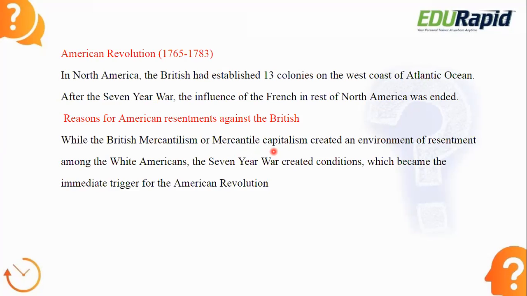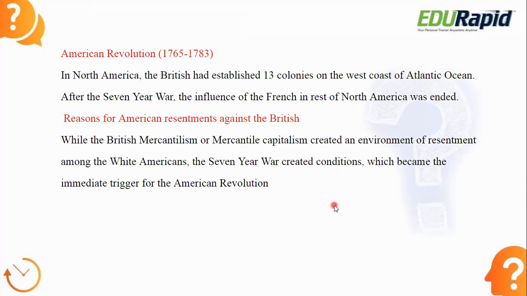Before going into that, we need to understand what mercantile capitalism is all about. Mercantile capitalism is where one imperialistic country, say for example Britain, and a colonial country, that is America, exist. Consider country A, that is Britain, and another country, America, the colony of Britain. Now the British are going to rule America in the interest of the parent country, that is, in the interest of the British.